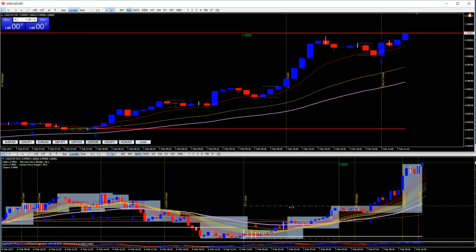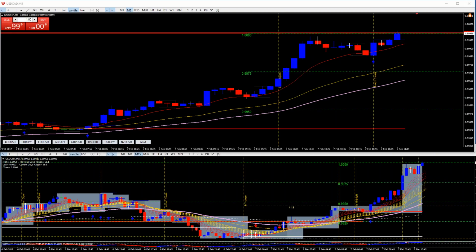But let's just move this to the 4-hour. I've just broken through the cloud, so there's opportunity here, but there's a lot of consolidation and a lot of resistance at 117.